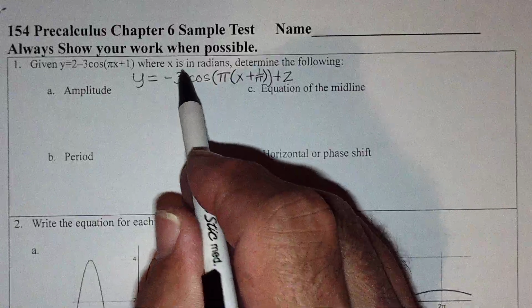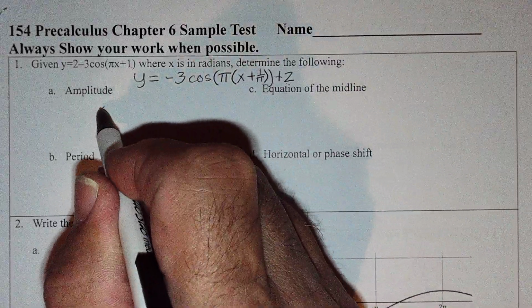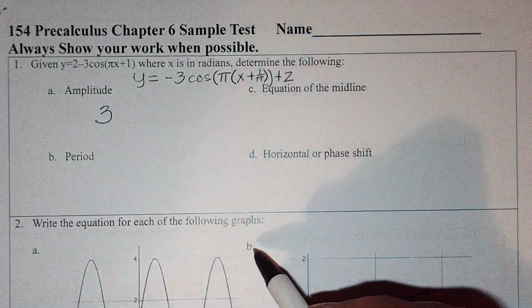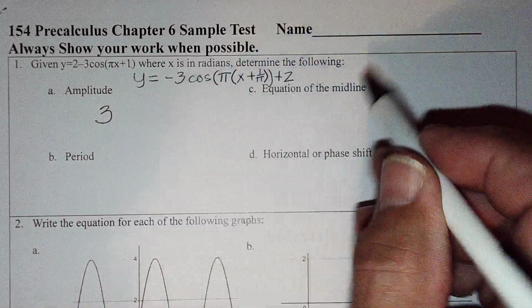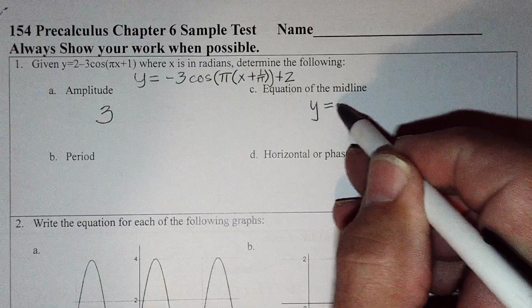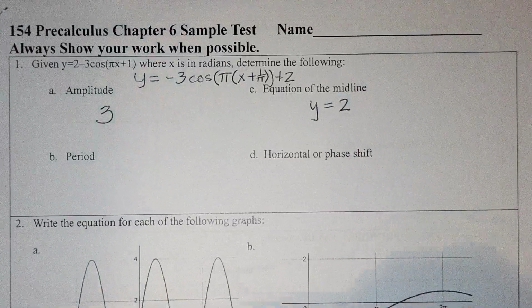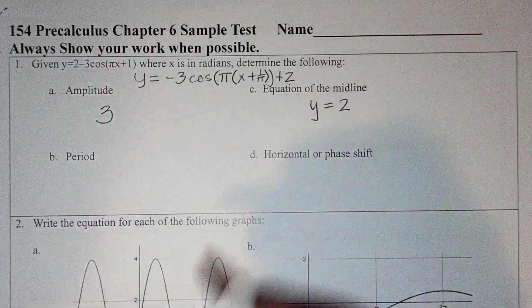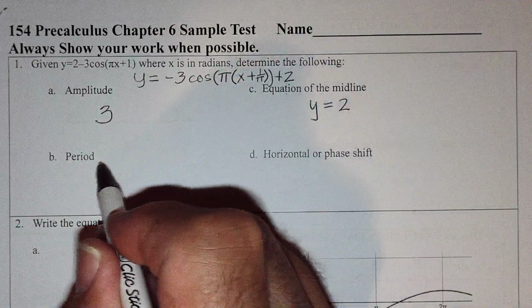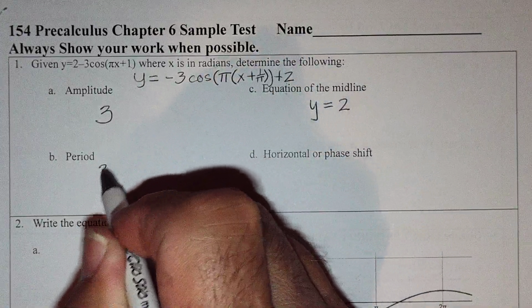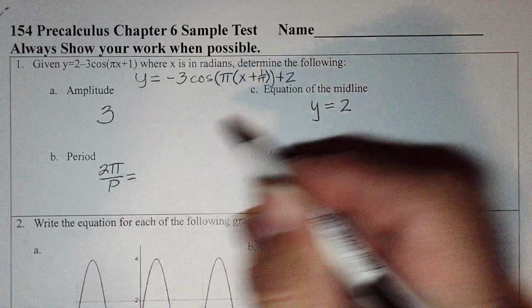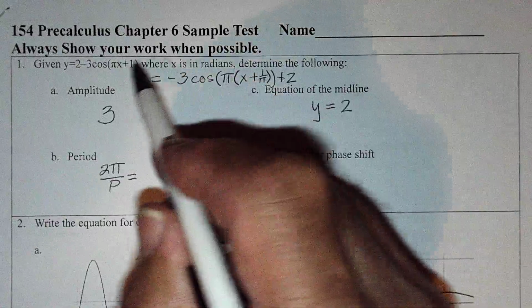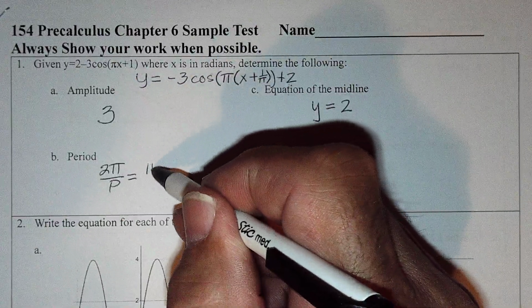So the amplitude is the absolute value of this, so it's 3. The midline: this whole graph is lifted up 2, so it's y equals 2. The period: 2 pi divided by the number that's times the x, which is pi.